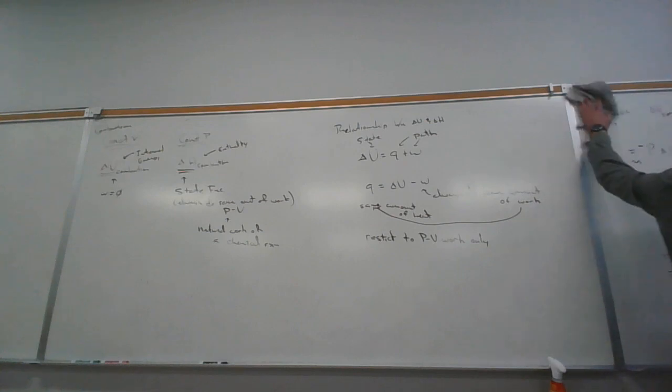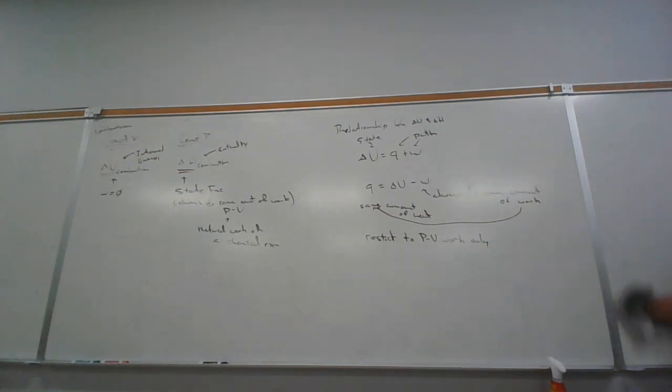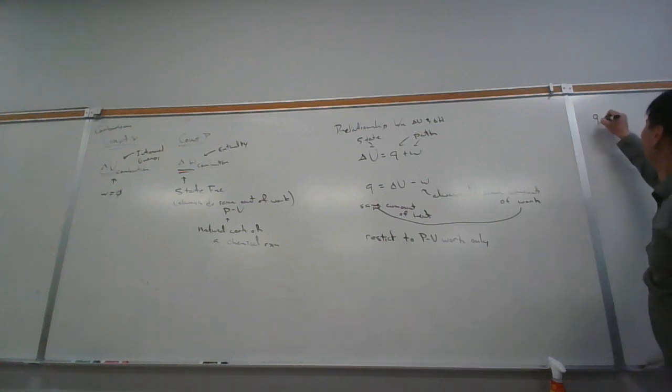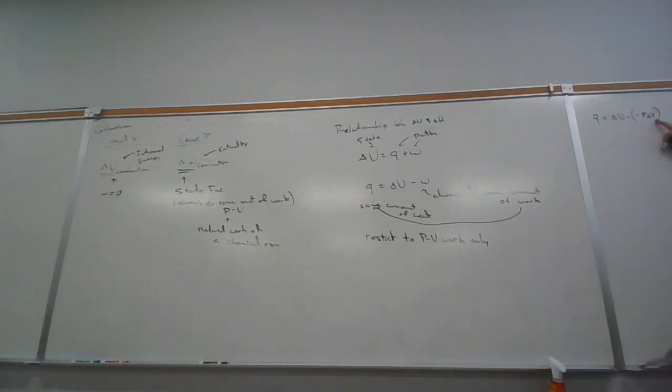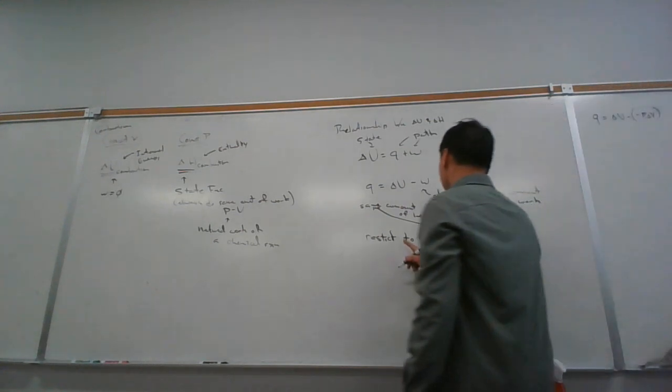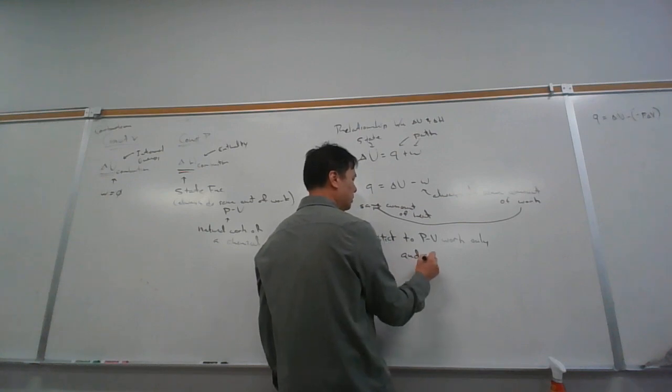So if we only do PV work, pressure-volume work, that is the work of blowing up a balloon, then Q is equal to delta U minus (minus P delta V). It depends on how big the balloon is and what the pressure is. But we've got to make sure that the pressure doesn't change. If the pressure changes, then it screws everything up. So restrict to PV work only and constant pressure.